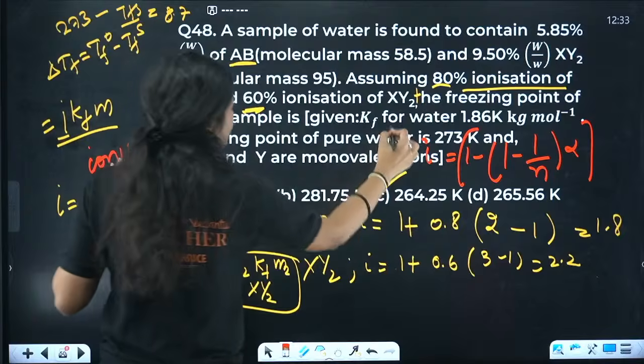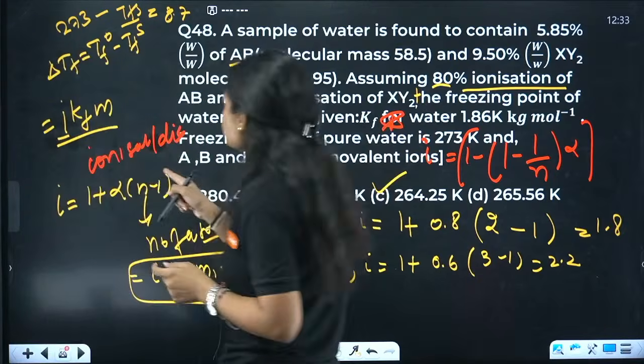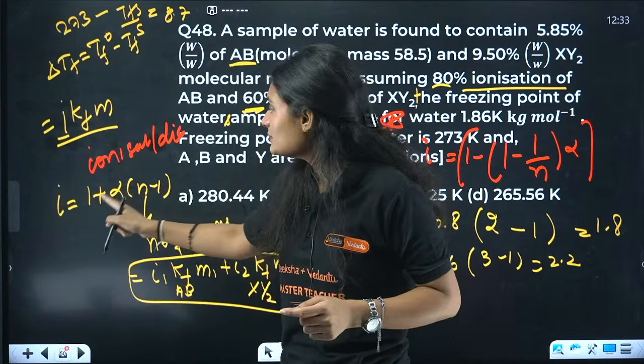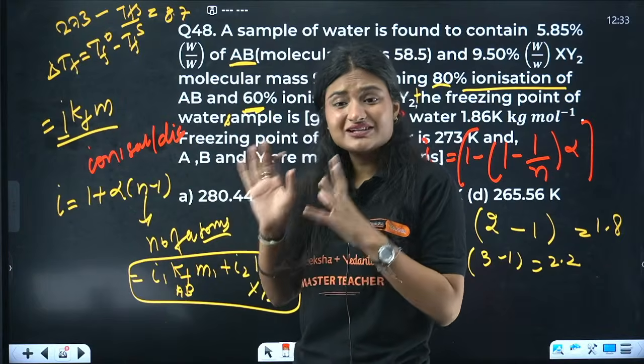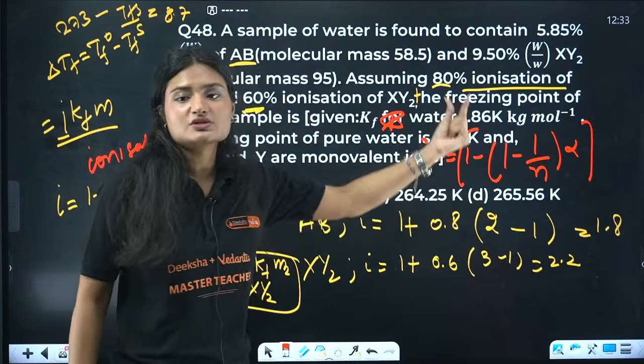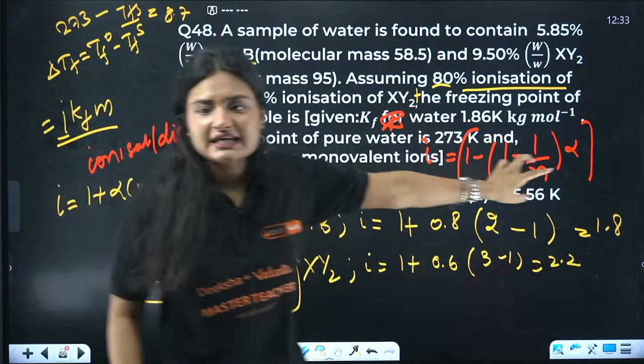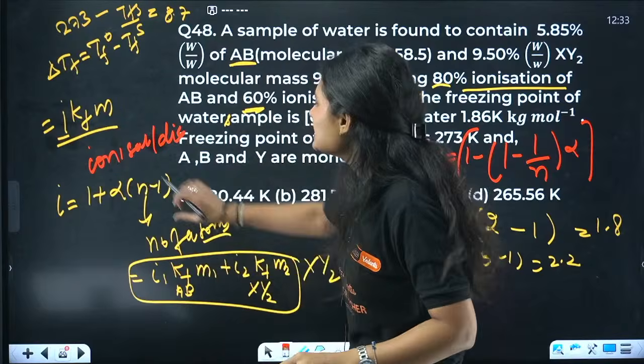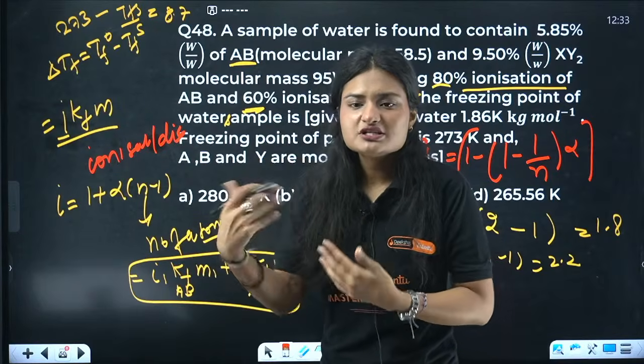This i is important, please remember these formulas. For association, n is the number of associated molecules. For dissociation, n is the number of molecules after dissociation.